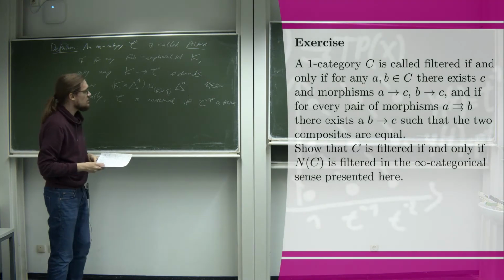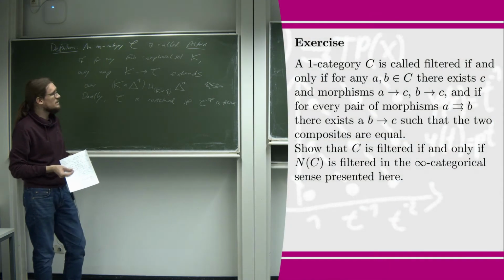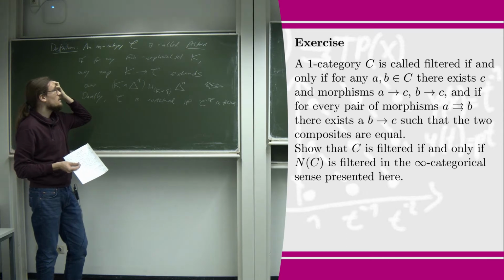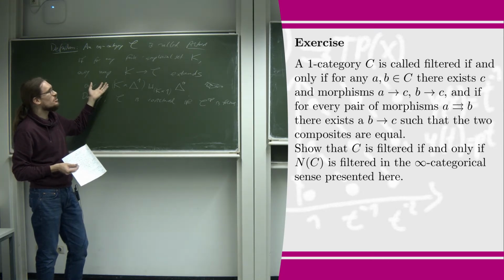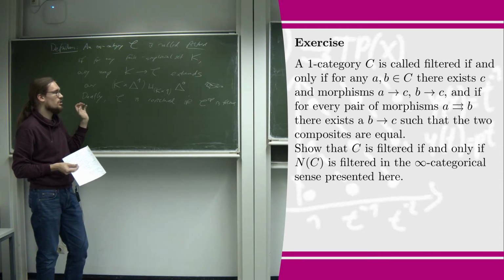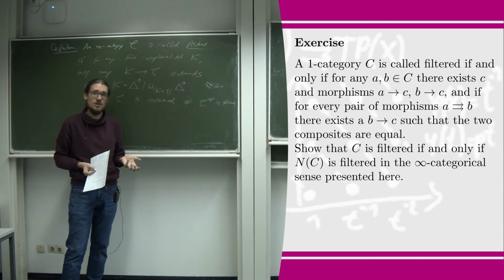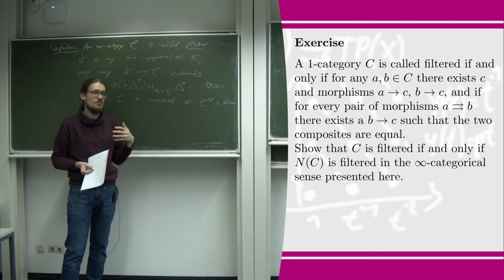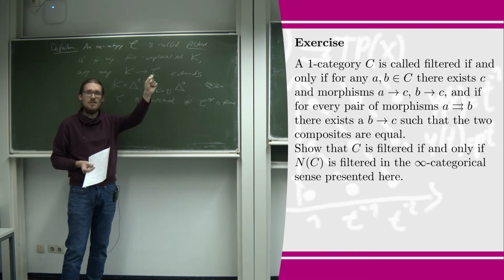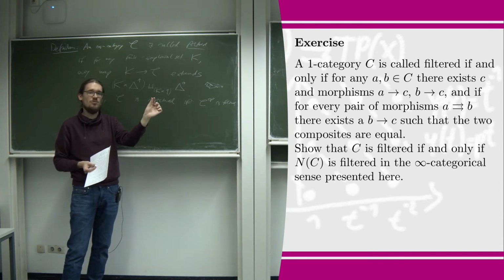So at this point, it's a very nice exercise to see that this notion of being filtered actually agrees with the one categorical one if you have the nerve of a one category. Explicitly, for a one category, being filtered means that any two objects map to a common one, and that any two parallel morphisms can be co-equalized with another map.